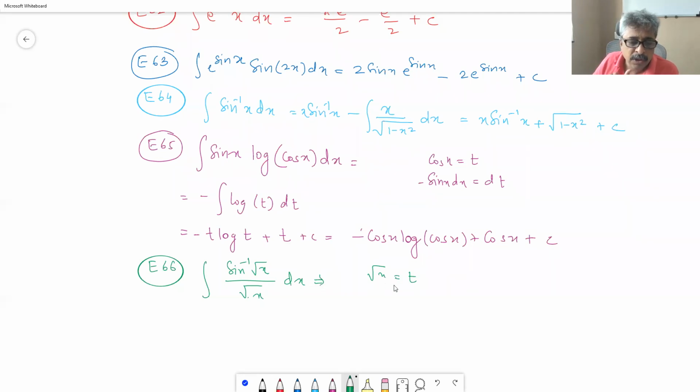If you substitute this, you get the integral as integral sine inverse t dt, which is 2 root x sine inverse root x plus 2 root 1 minus x. Is that right? Plus c.